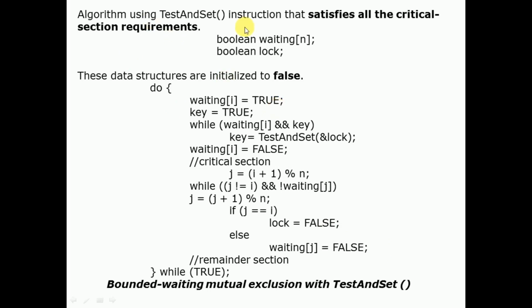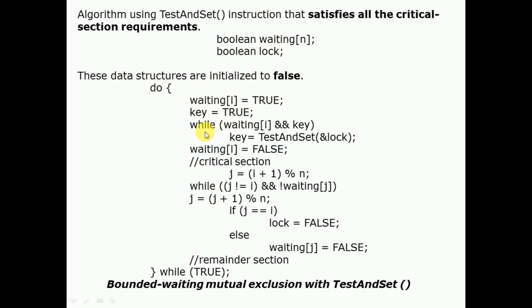So at last we have a full solution here. It's an algorithm using test and set and swap instructions that satisfies all the critical section requirements. Here we have used two variables: one is boolean waiting[n], another one is boolean lock. These data structures are initialized to false. Then in the do loop, waiting[i] equal to true, and key is equal to true.